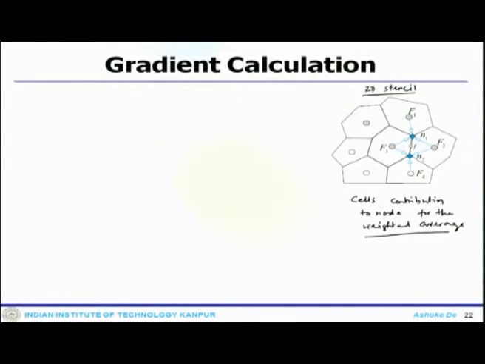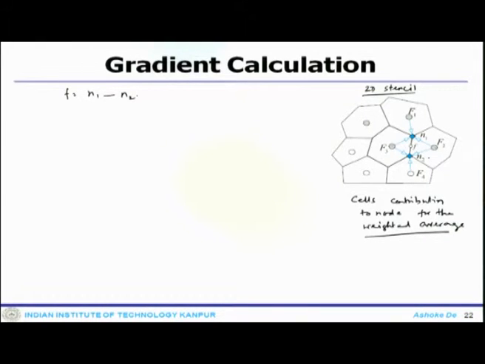So, that gets the contribution from all three elements. Similarly, if you look at node N2, N2 is getting contribution from all three elements like F2, F3, F4, and the connection between them, F is the face between N1 and N2, or the connecting line between N1 and N2.